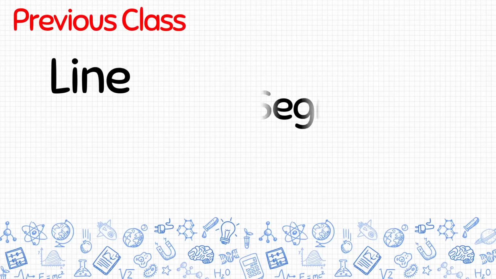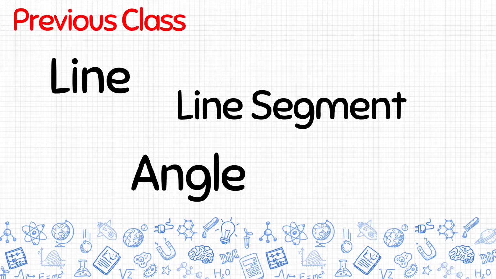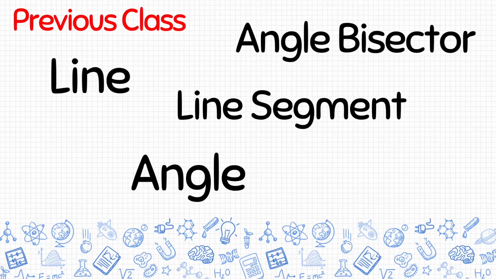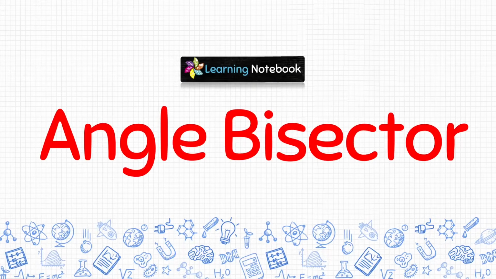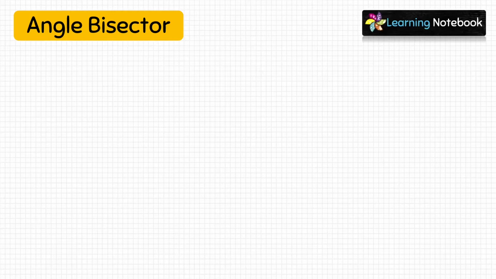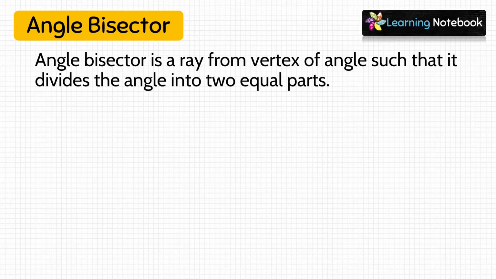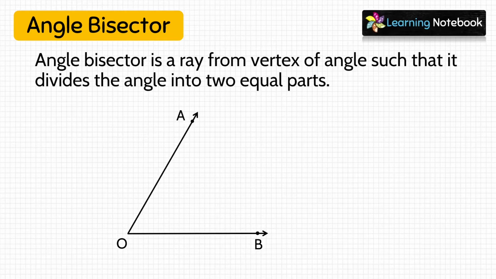In previous class, we have learnt about line, line segment, angle and angle bisector. Now students, let's revise angle bisector once more. Angle bisector is a ray from vertex of angle such that it divides the angle into two equal parts.